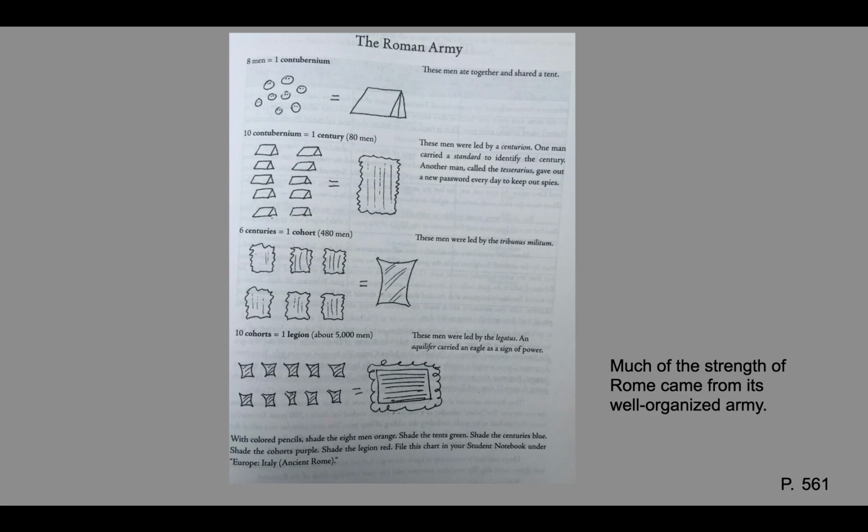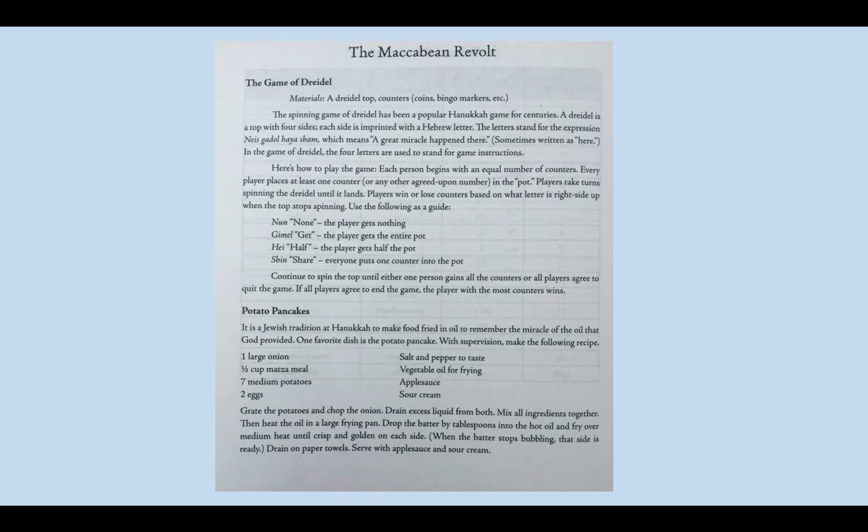Almost to the end, I wanted to end, though, by embedding another activity sheet that relates actually to last week's lesson on Judas Maccabees and the Maccabean Revolt. These are 2 really fun activities, and since I did not put them in last week, I wanted you to see the directions for how you could make and then play a game of dreidel, which is a game that is popular during Hanukkah.